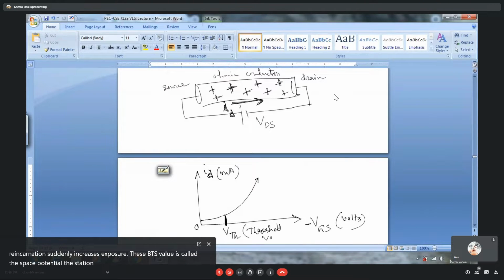So threshold voltage, or VT, is nothing but a gate to source voltage above which the drain current suddenly increases exponentially.